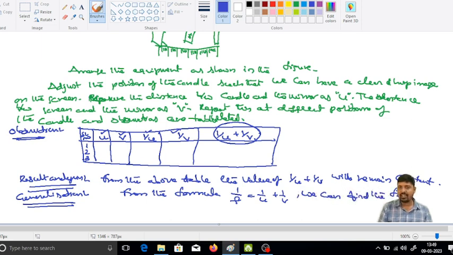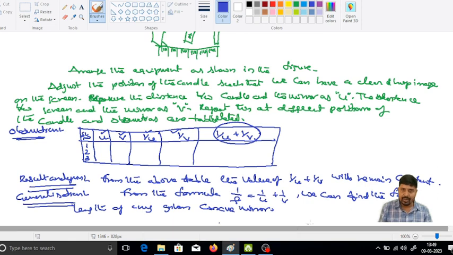We can find the focal length of any given concave mirror. Okay. So now we are going to write the precautions in the last.